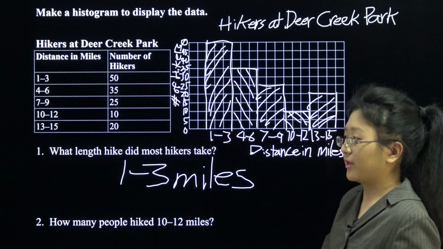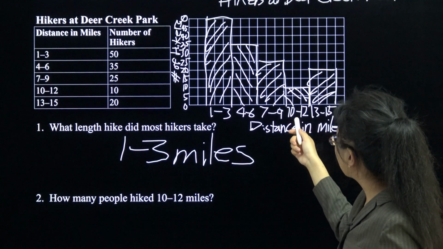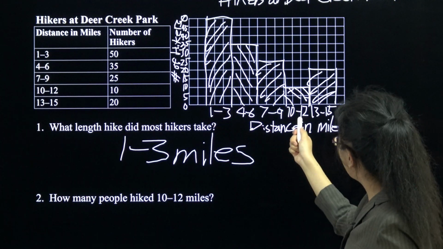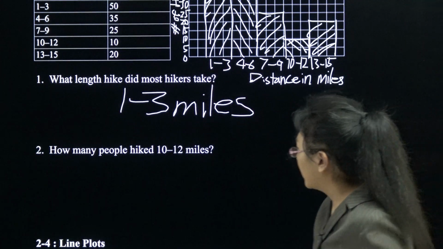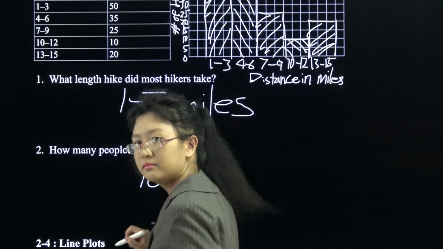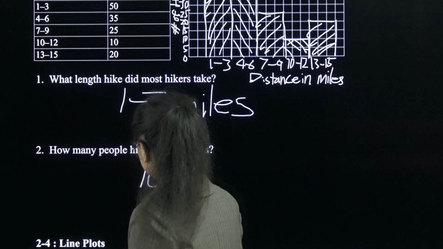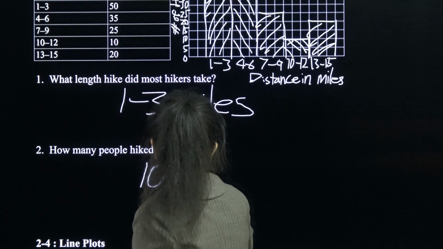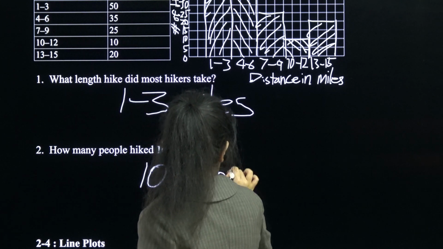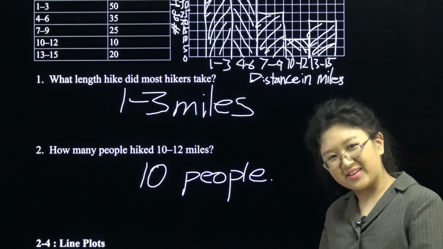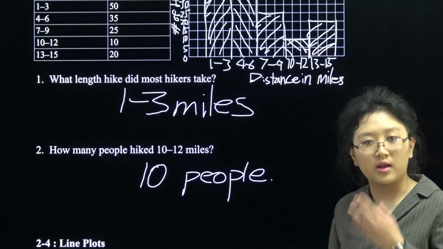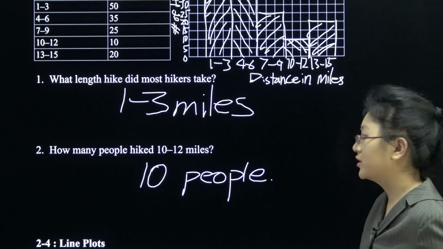Well, it says over there on the data, but if we're going to read the graph, then we realize that the 10 to 12 column ends at 10 hikers, so 10 hikers hiked 10 to 12 miles. But over here it says people, so you should probably write people instead of hikers. Because hikers could be elephants. They usually aren't.